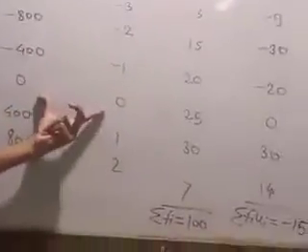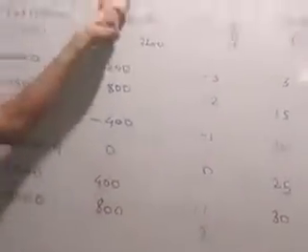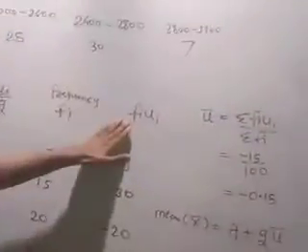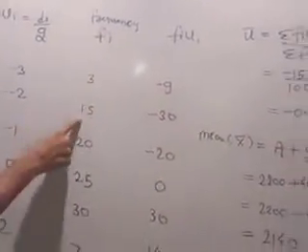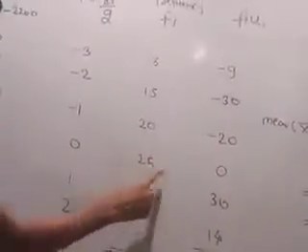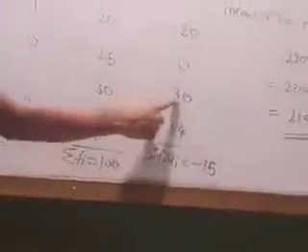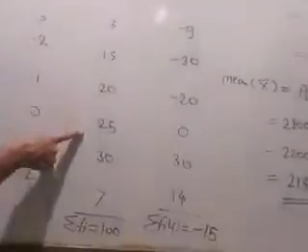Minus 1, 0. 400 divided by 400, 1. 800 divided by 400, 2. This is ui. Then the frequencies are all written here. Last column, fi ui: minus 3 into 3, minus 9; minus 2 into 15, minus 30; minus 20; 0; 1 into 30, 30; 2 into 7, 14. Summation of fi ui.